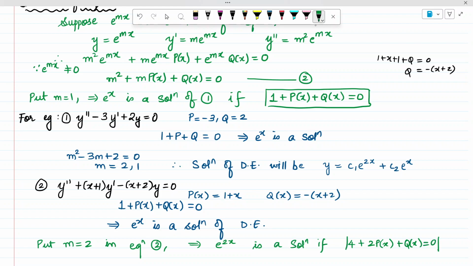If I find a second order differential equation which satisfies this condition, then I will claim that e raised to 2x is a solution.